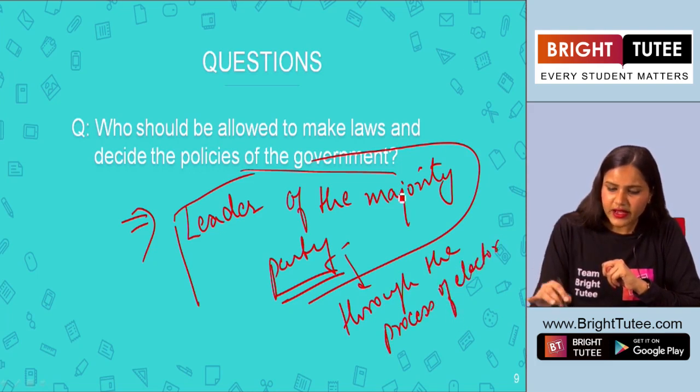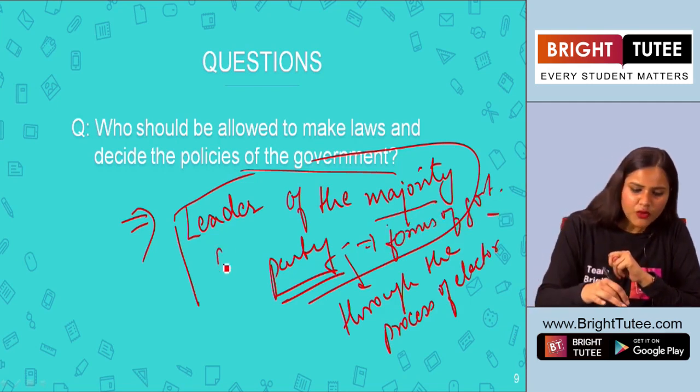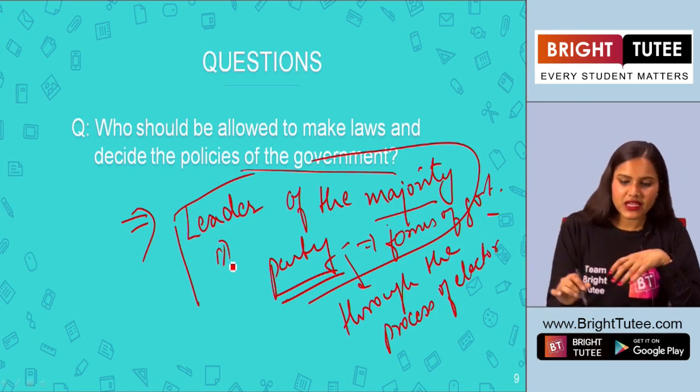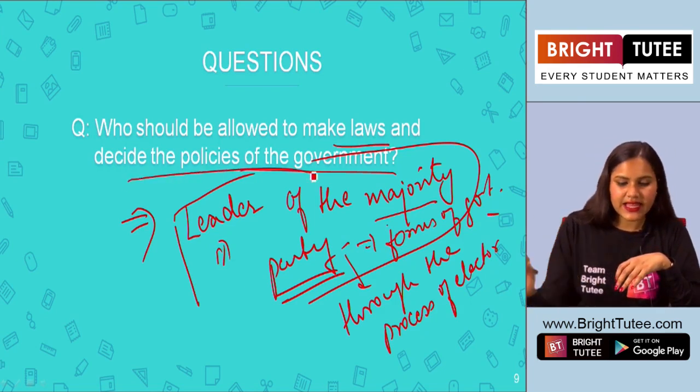It is the majority party that forms the government. So the leader, along with the other ministers, has the right to make laws and decide the policies of the government.